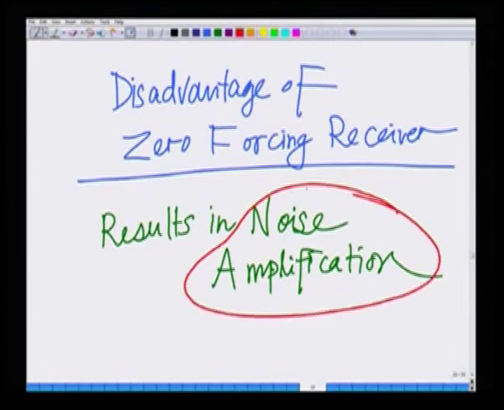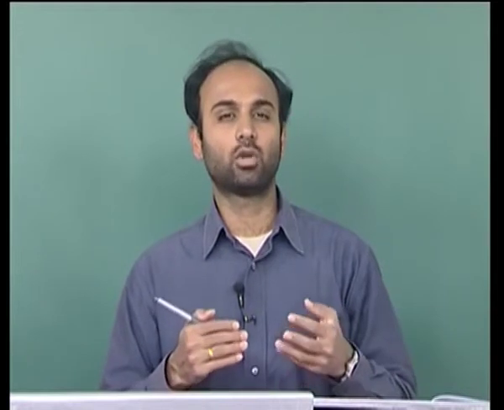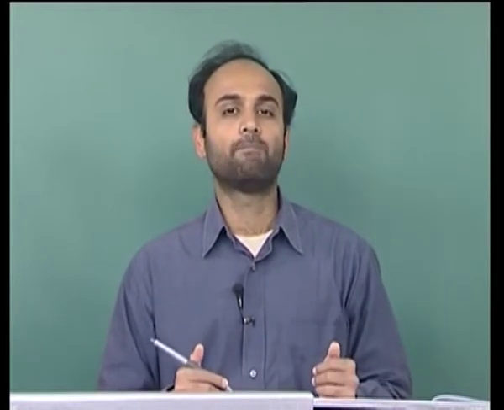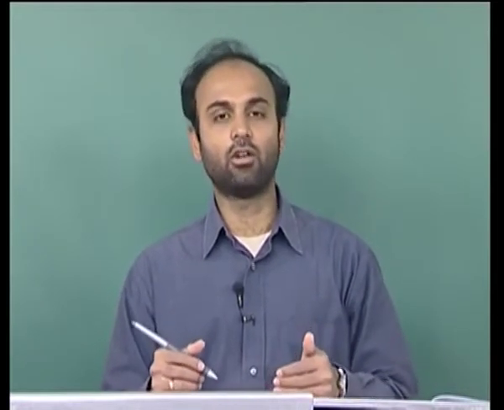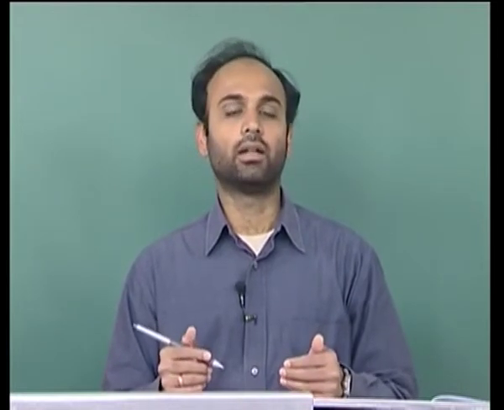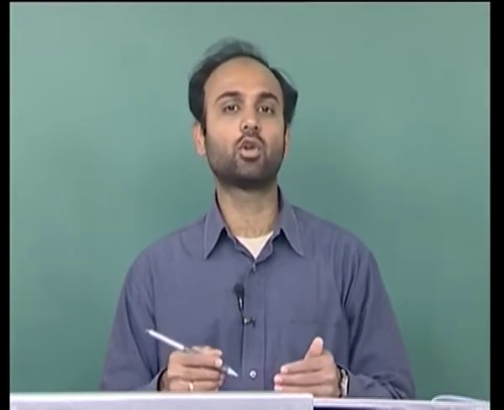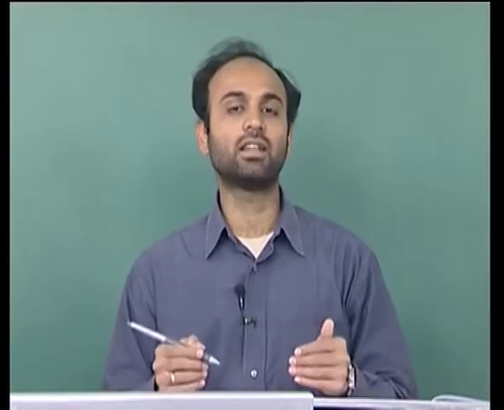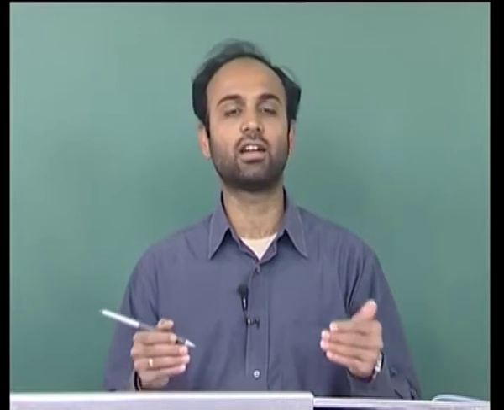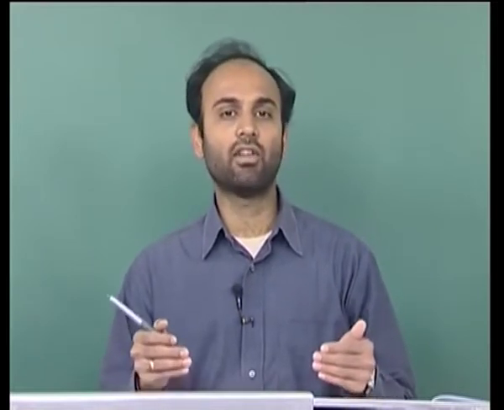That is the disadvantage of the MIMO zero forcing receiver. When the channel is close to 0, in the matrix sense we cannot quantify it right now, because there is no sense in saying a matrix is close to 0. So we will have to hold on to what it means in the matrix sense. But in a single scalar channel, that is, a single receive antenna, if the magnitude of h is low, then it results in noise amplification.